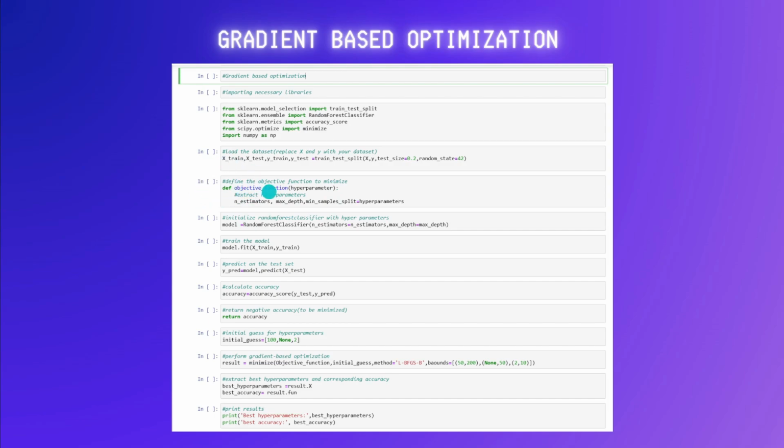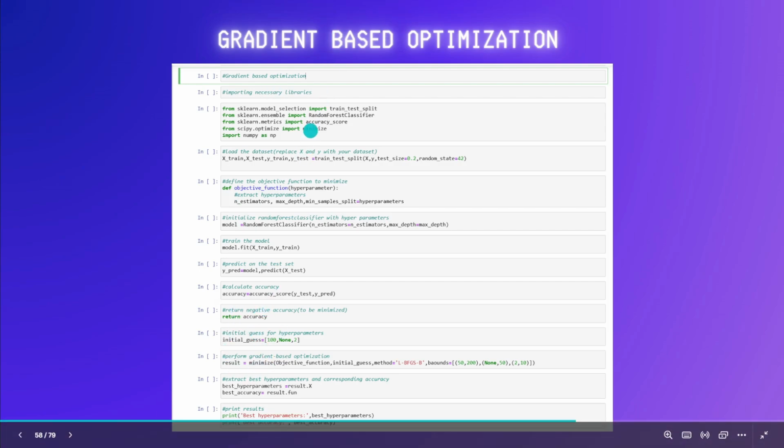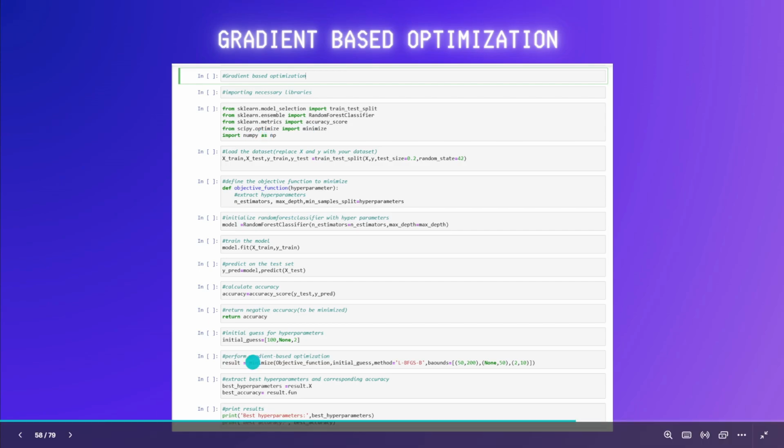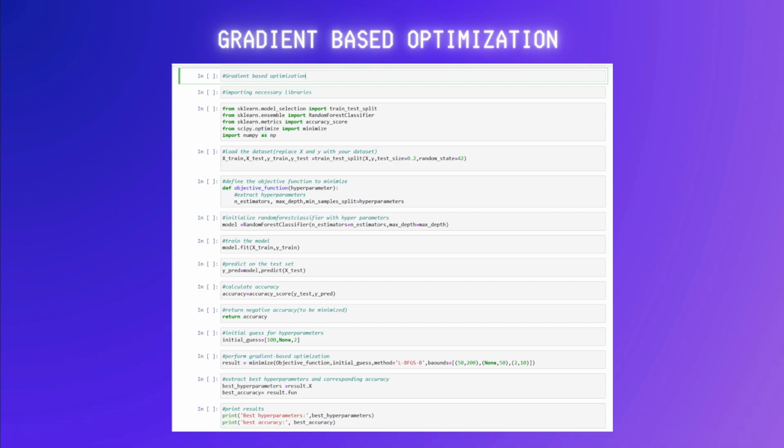We train the model with these hyperparameters, and it returns the negative accuracy which is to be minimized, and we then use this minimize function from scipy.optimize to minimize the objective function, which effectively performs the gradient based optimization.